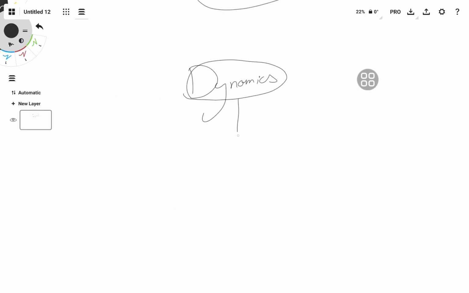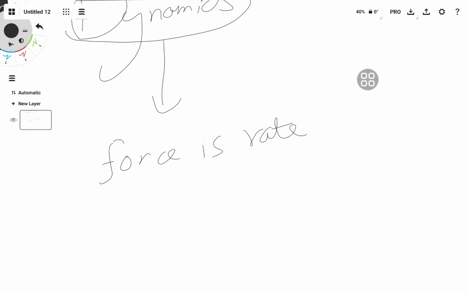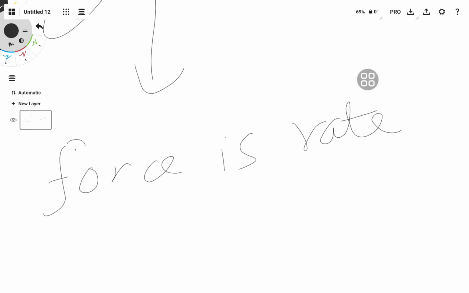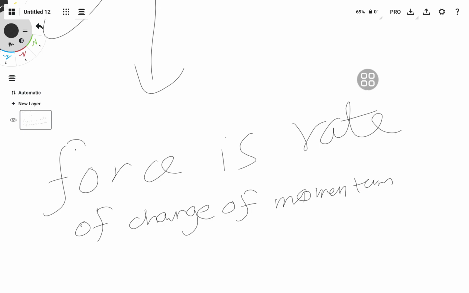Force is the rate of change of momentum, or rate of change of momentum per unit time.